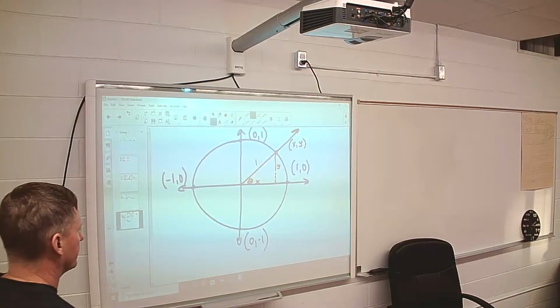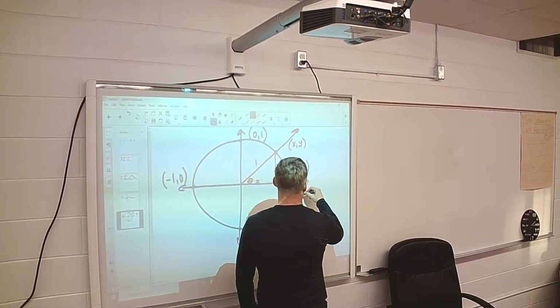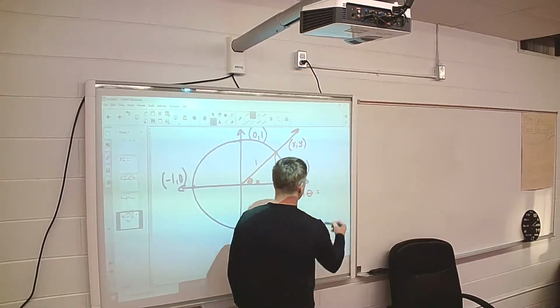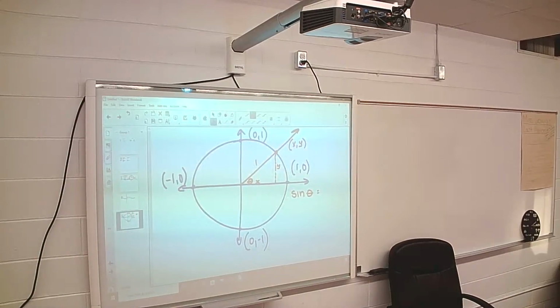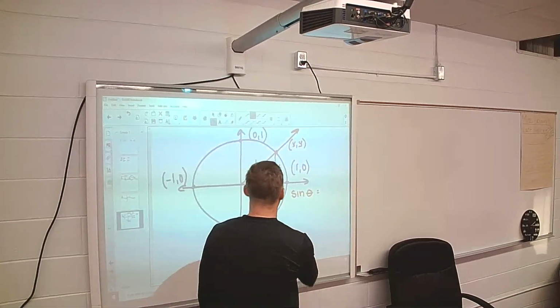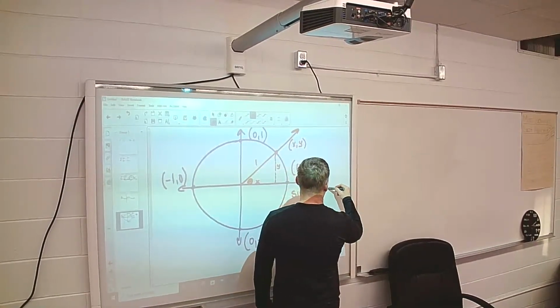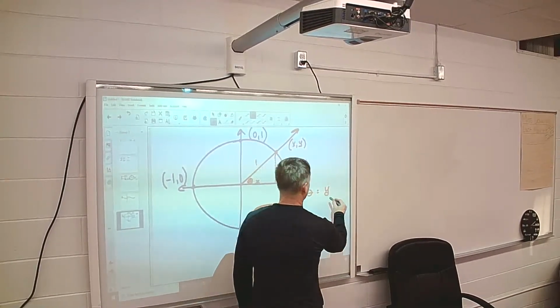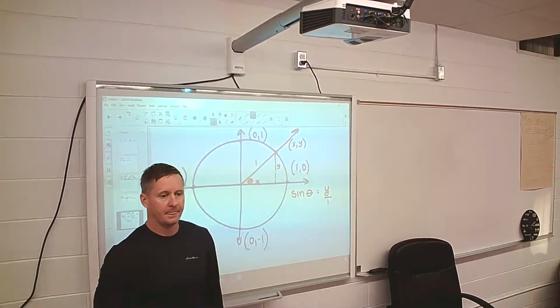So to find the sine of the angle in this triangle, what is sine? Opposite over hypotenuse. What is the opposite side to the angle? Opposite of the 90? No, right here, the theta. It's y over the hypotenuse, which is 1.